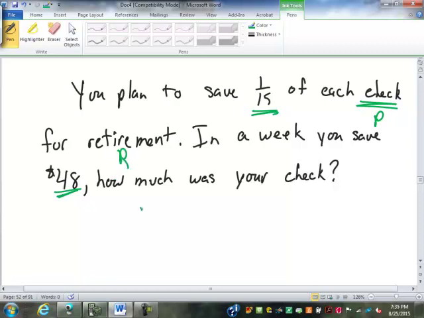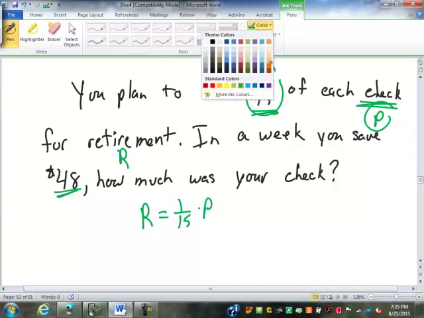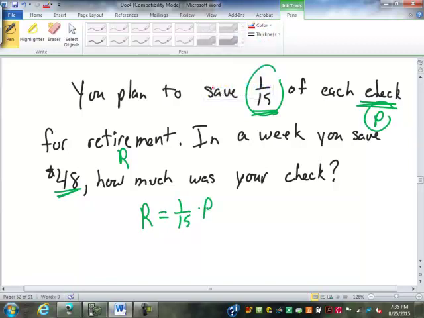So what this is telling me is the amount of my retirement is going to be 1/15 times the amount of my check. So R equals 1/15 times my pay. So there's my formula. Again, just taking the words out of the question and trying to put it into an equation. Now I am given that I saved for retirement $48.